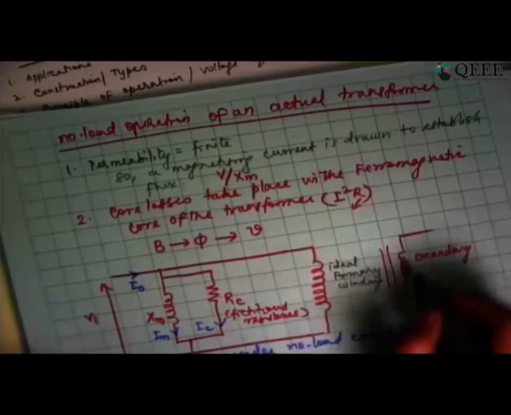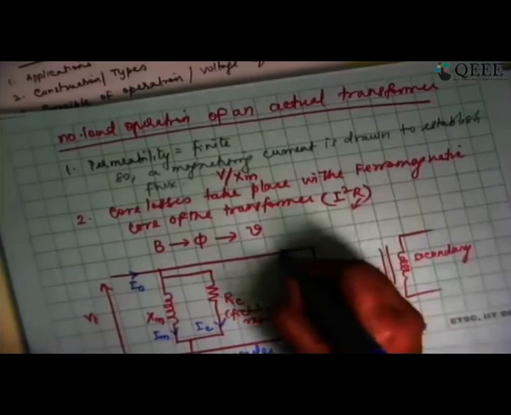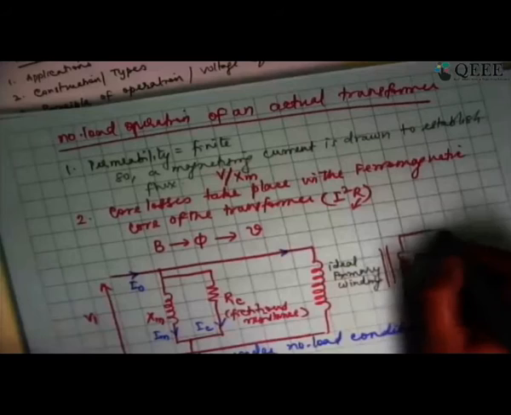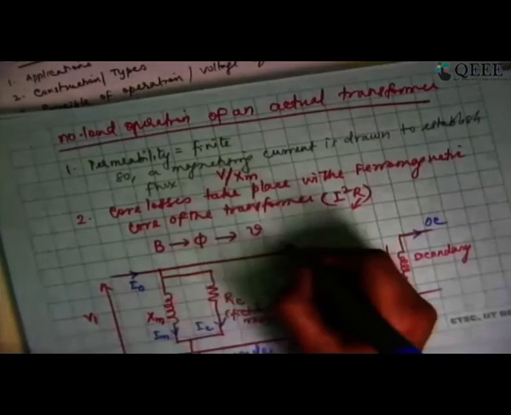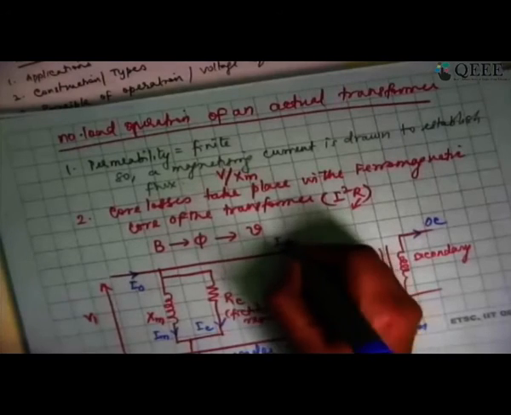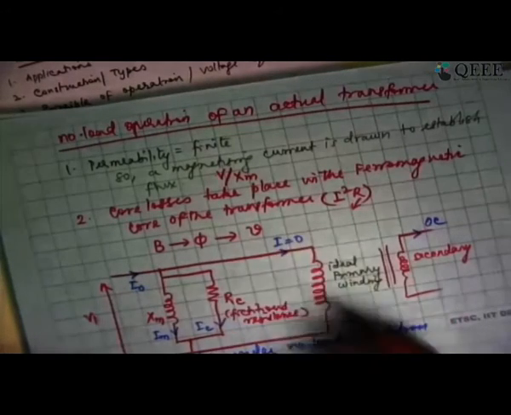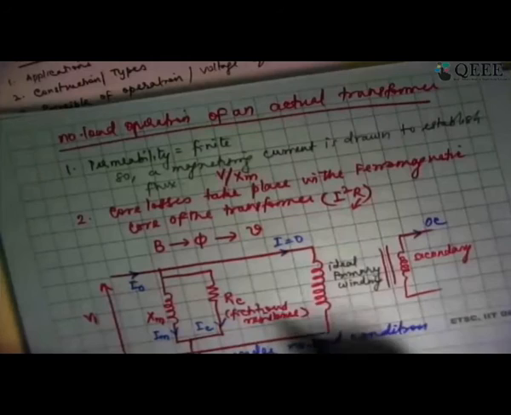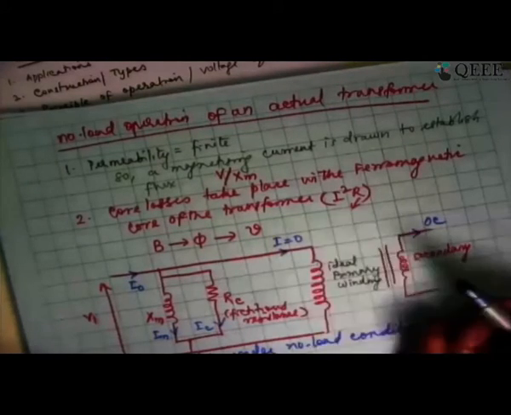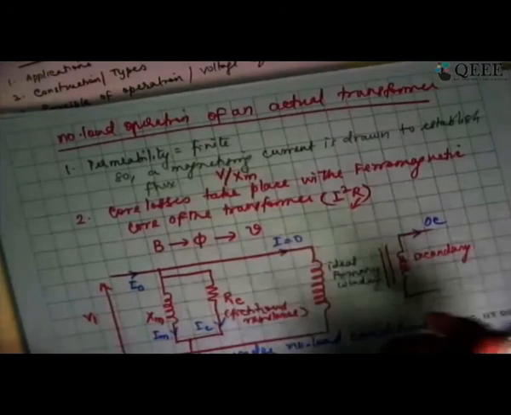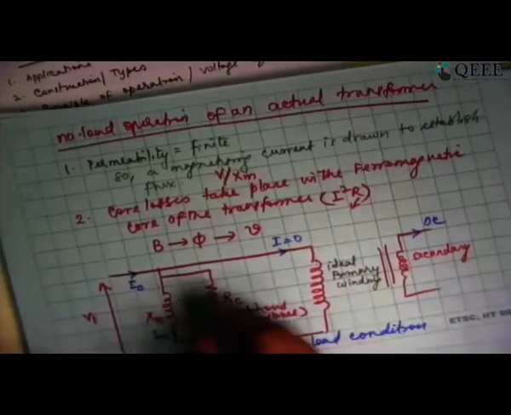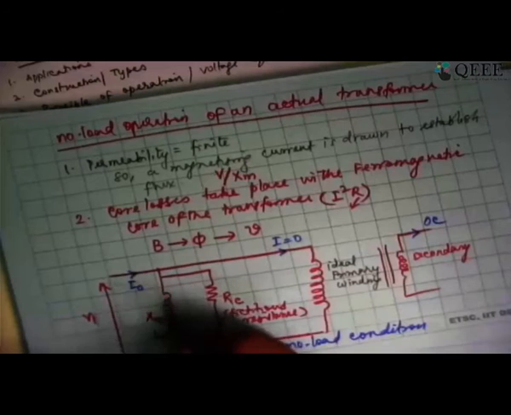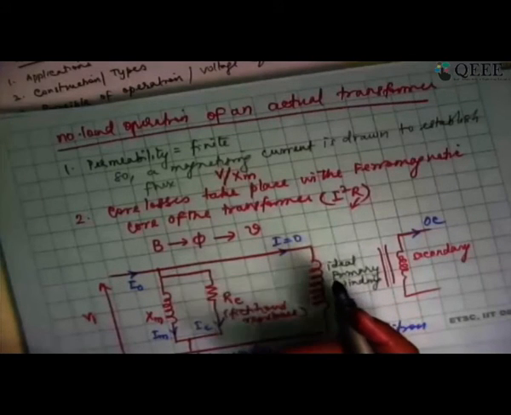Hardly any current is flowing here because this is open circuit. So there is no current on the secondary side. Here I2 equals 0. If the secondary current is 0, the primary current also should have been 0 if it is ideal. But I am drawing some current because I have to satisfy the core losses and I have to produce the flux, because the permeability is not infinite.